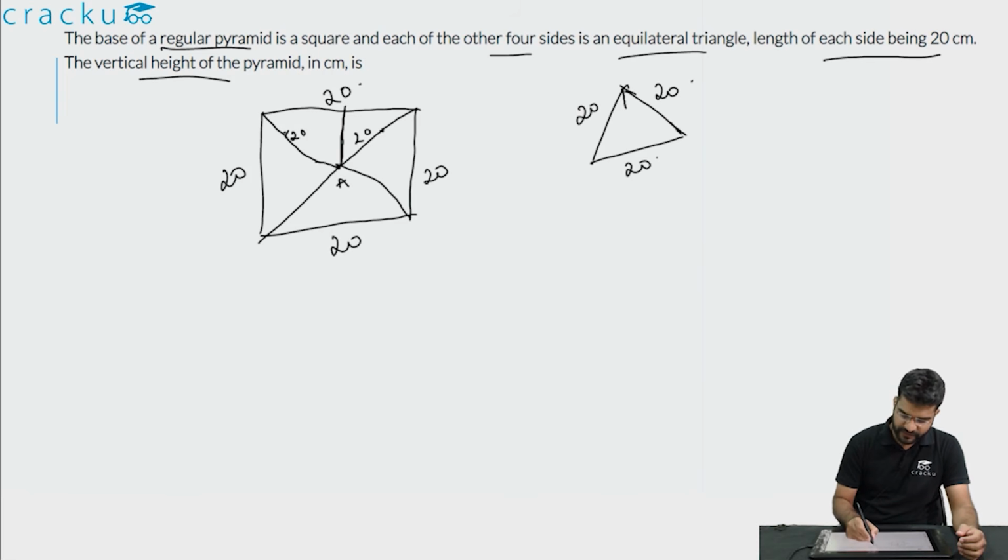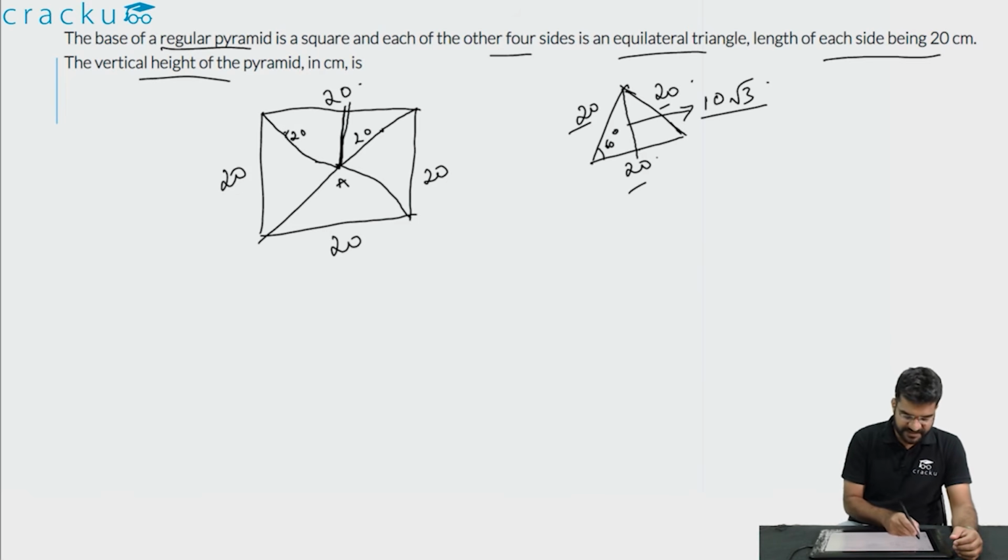So along one of those sides, if you draw a line from the apex to the bottom, bisecting the base, the length of this line will be 10 root 3, because that is the median of the equilateral triangle of side 20. You can calculate that quite easily because this is 60 degrees, so this will be 20 into sine 60, that is 20 into root 3 by 2, so that will be 10 root 3.